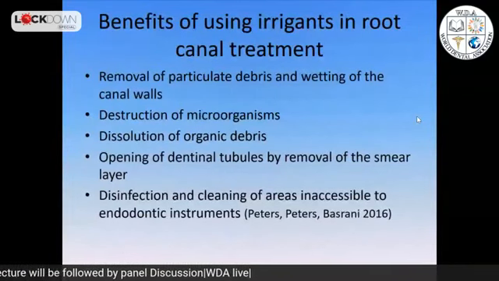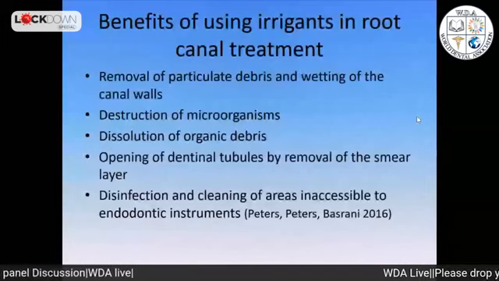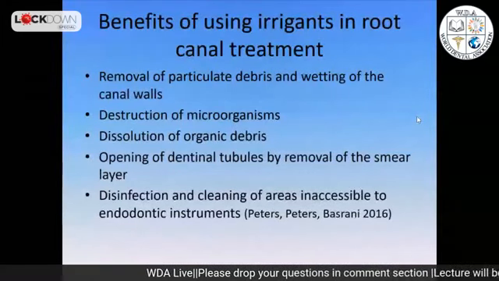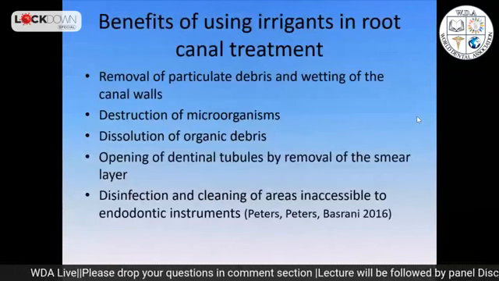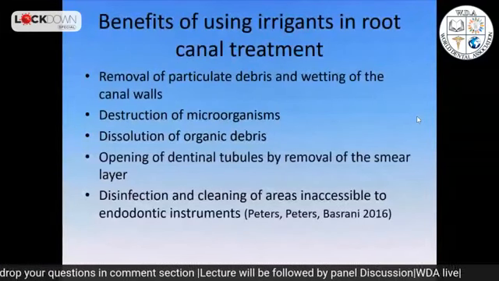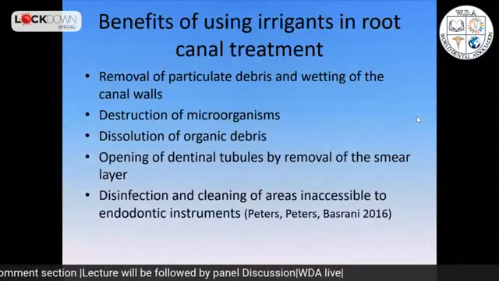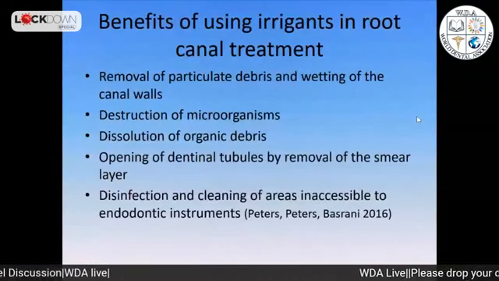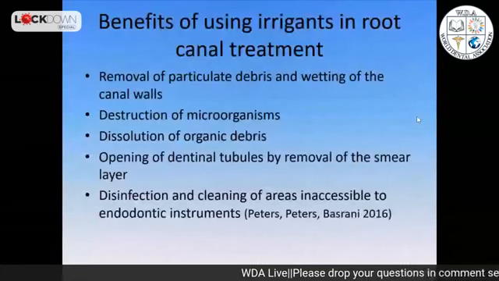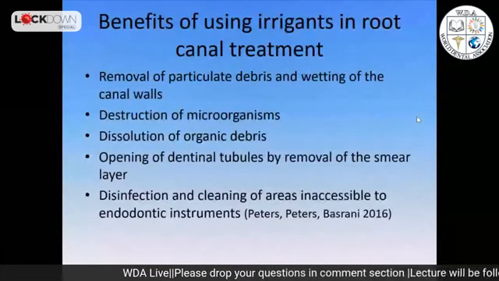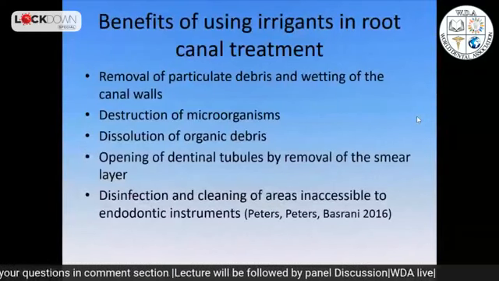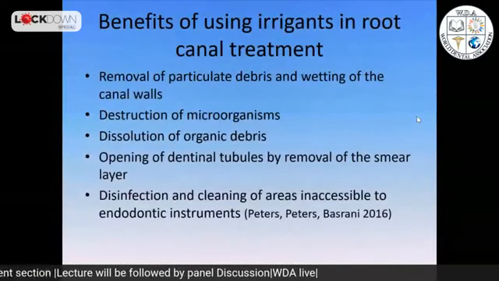We need to dissolve organic debris, mostly in vital cases. We need to open the dentinal tubules and remove the smear layer. But we also need to remember what Dr. Ordinola Zapata was saying. We need to go laterally. We tend to think a little bit too much about working length. There is also working width. So by preparing our canals, we clean the main canal, but there are the lateral spaces that need to be cleaned.